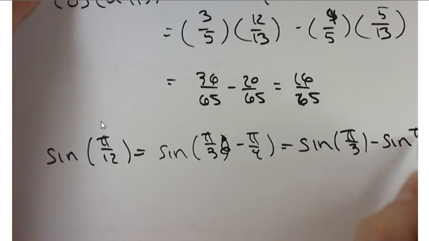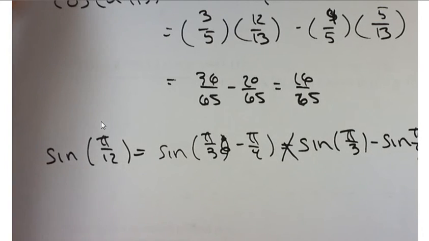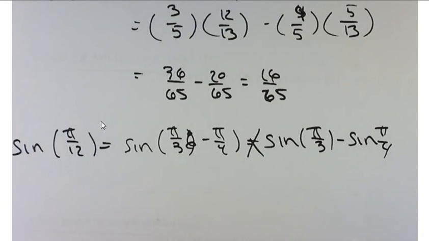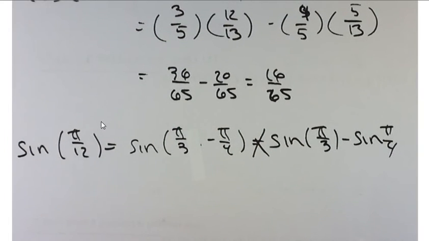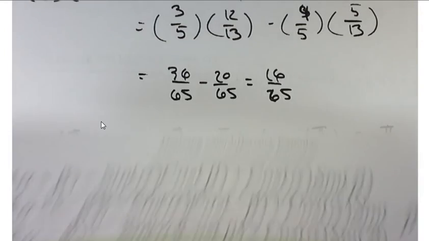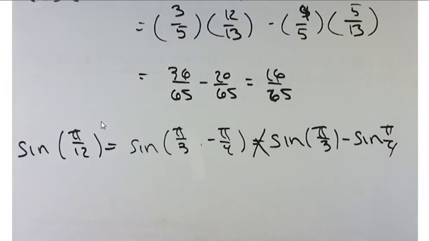Yeah? Do you mind if we convert to degrees? If you're doing one like this, it might make it easier to see. If you look at that and say, gee, that's sine of 15 degrees, and oh, 15 degrees is 60 degrees minus 45 degrees, I can't really complain.